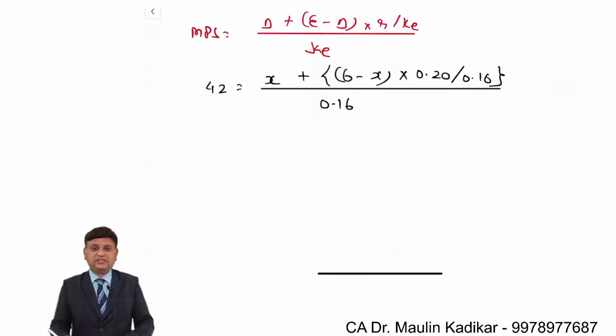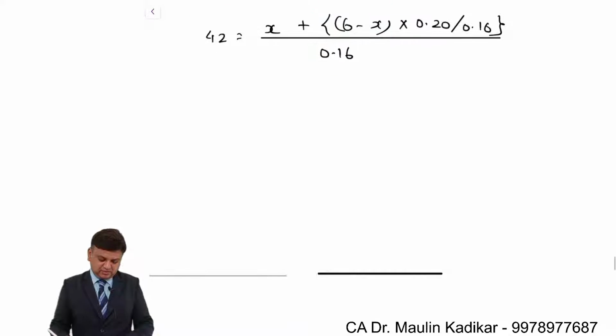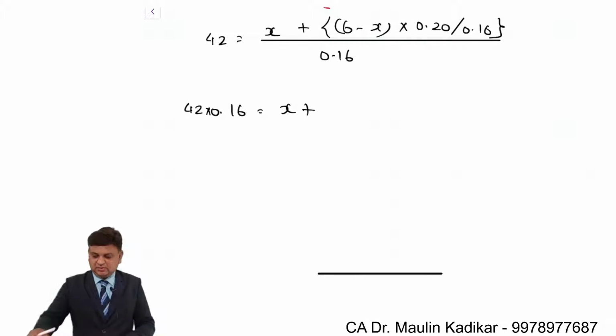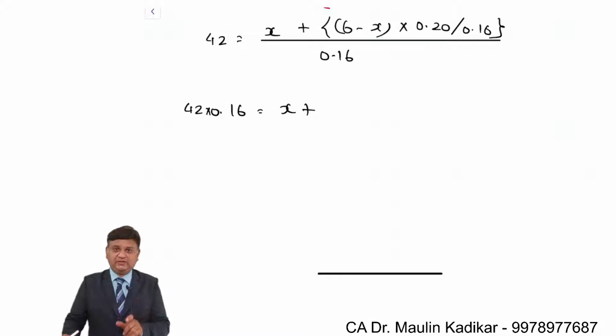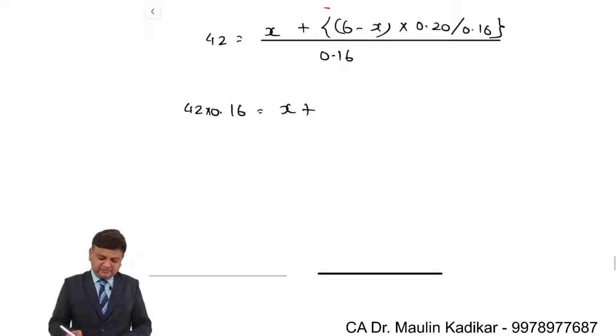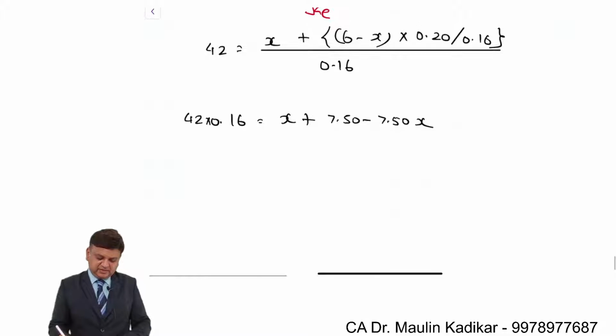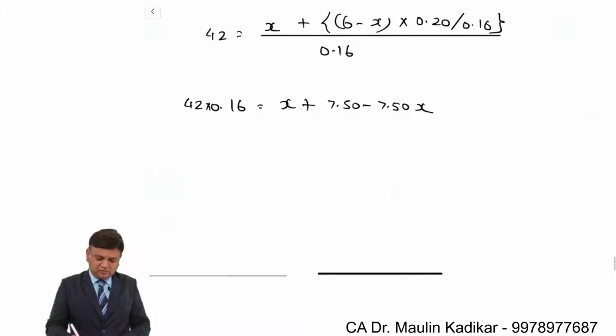That is the way the x is required to be found as balancing figure. 42 into 0.16 is x plus 0.2 divided by 0.16, that comes to 1.25, into 6 is 7.5, minus 1.25x.